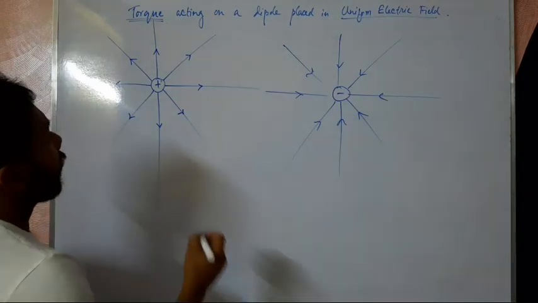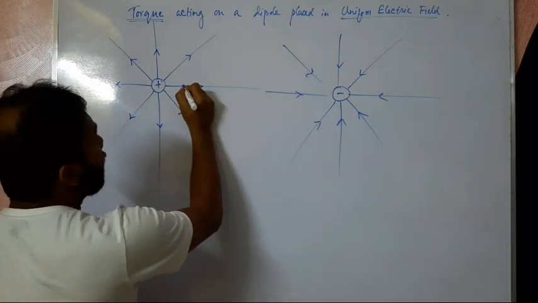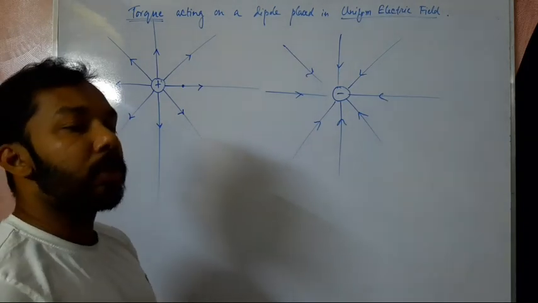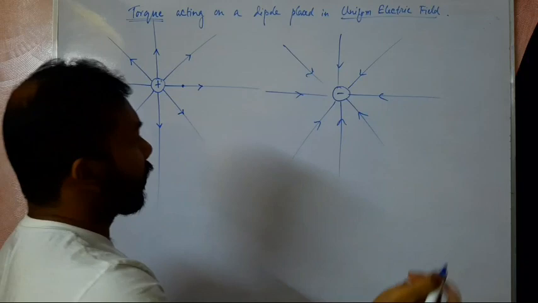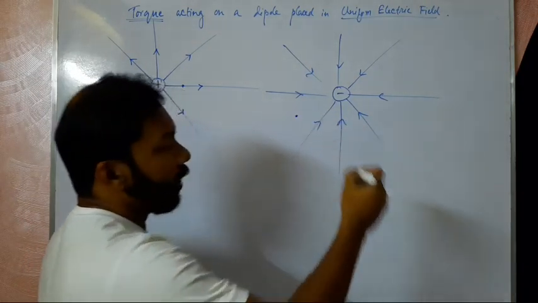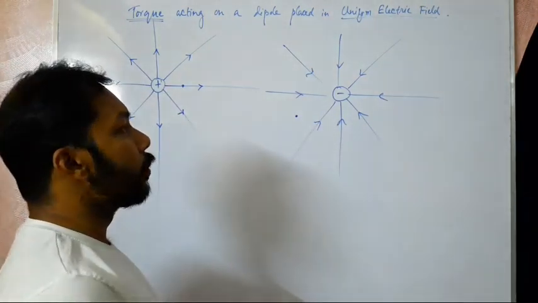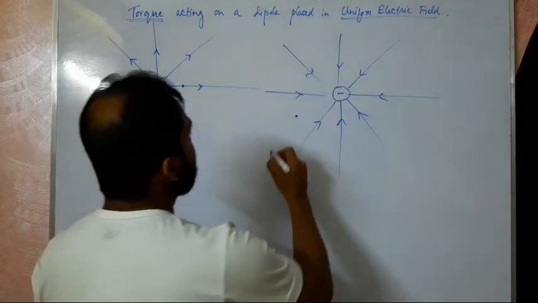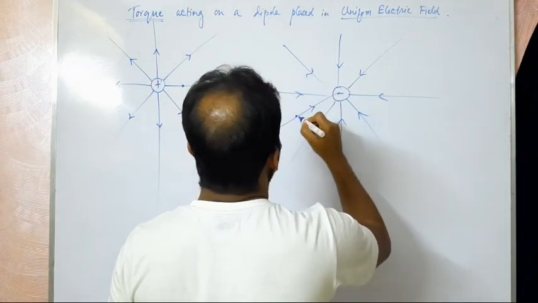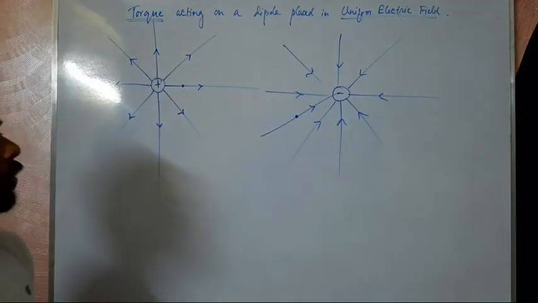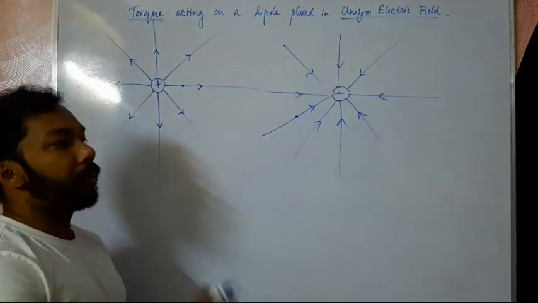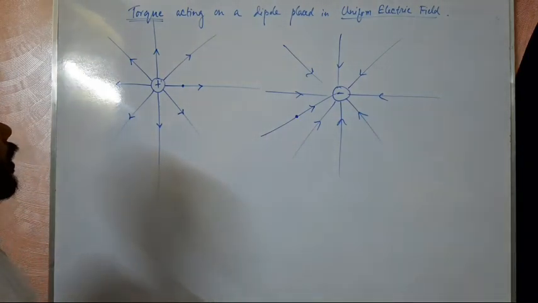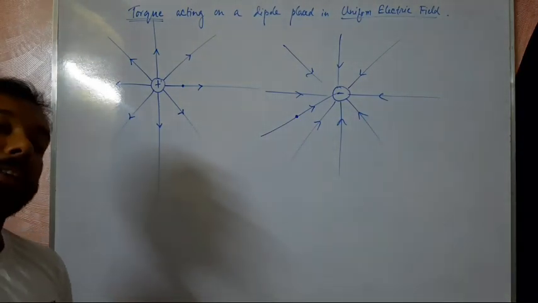Or else we can also define it like that. If you place a free positive charge in any position of the field and let it move freely, it will obviously follow a path. The path will be along the lines of forces, or the path of the free positive charge itself will be called electric lines of forces.